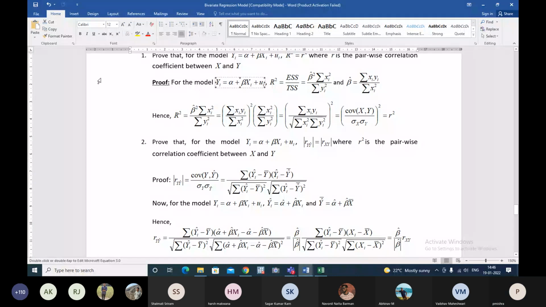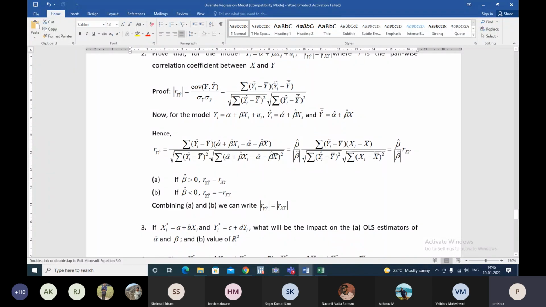So this is the formula for multiple r, and you just need to replace y hat i here with these two. That is y hat i is equal to alpha hat plus beta hat xi, and y hat bar is equal to alpha hat plus beta hat x bar. So we need to just replace, and then through mathematical simplification you will be getting an expression like this.